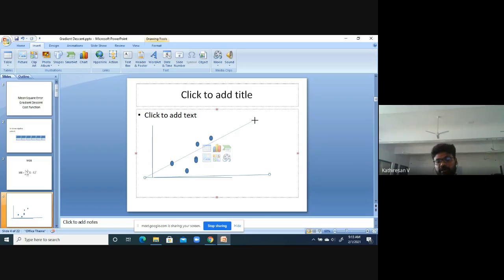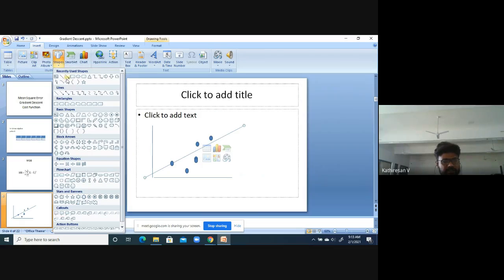Then we will go further, and it keeps on increasing. So it should be a parabolic curve. Are you accepting or not? Yes, it should be a parabolic curve.